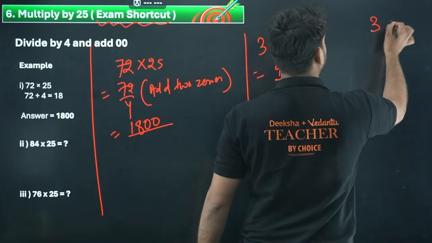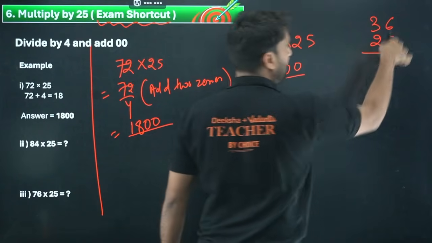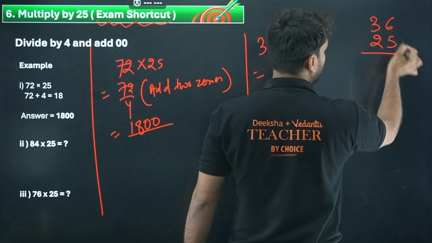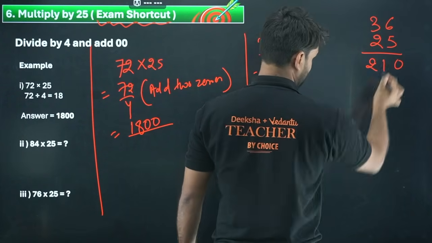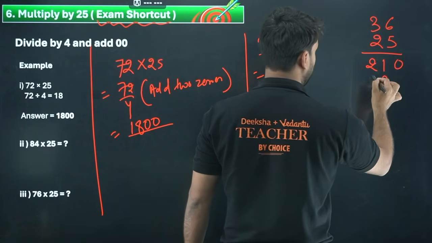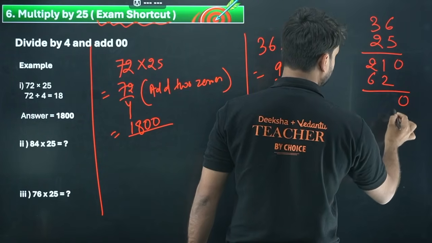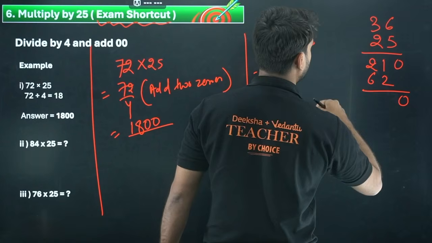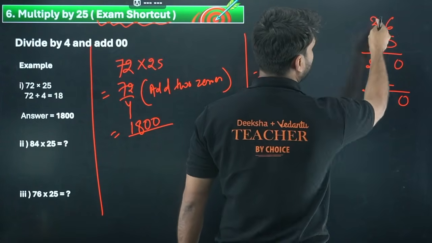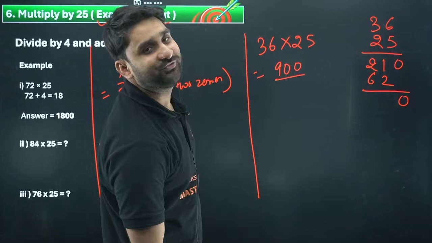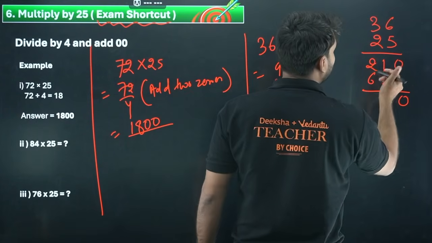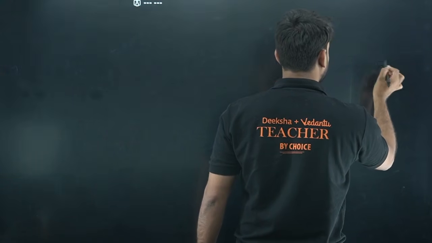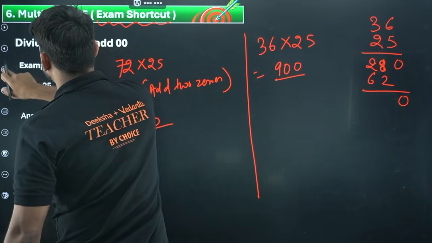We can verify this. 36 into 25, let's do it by the long multiplication method. 6 fives are 30, 0, carry 3; 5 threes are 15, and 3 is 18; 6 twos are 12, carry 1; 3 twos are 6, and 1 is 7. So 0, 8, 0, 7, 9 is there.